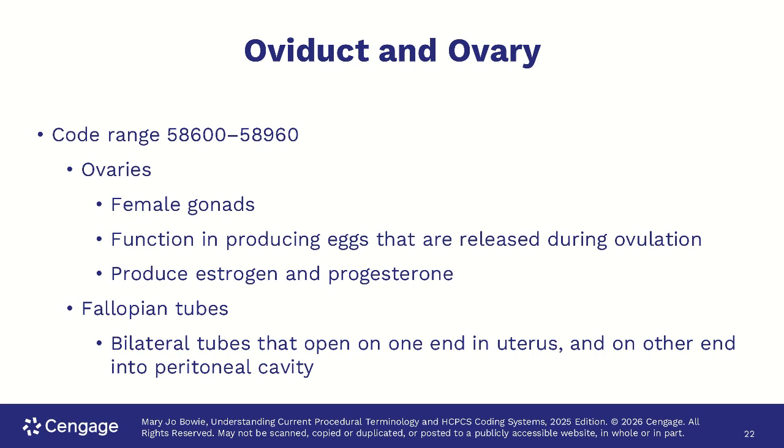The ovaries also produce female hormones, estrogen and progesterone. Then you have the fallopian tubes. There are two of them that open on one end in the uterus and the other end into the peritoneal cavity.